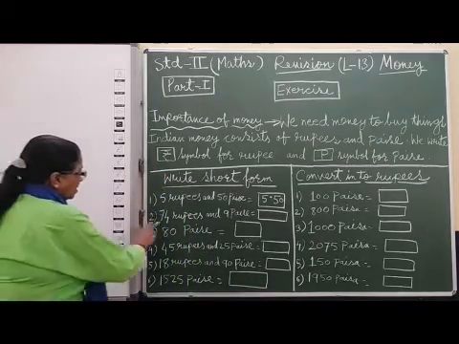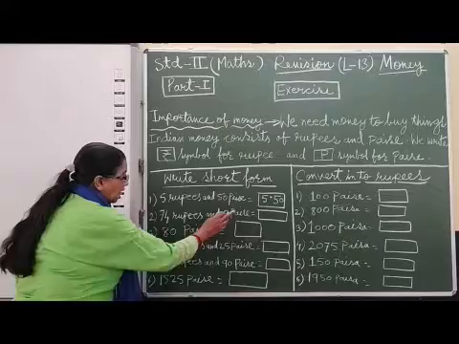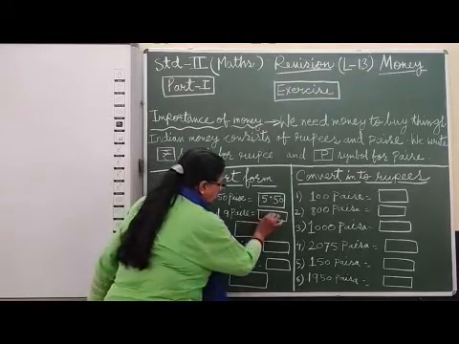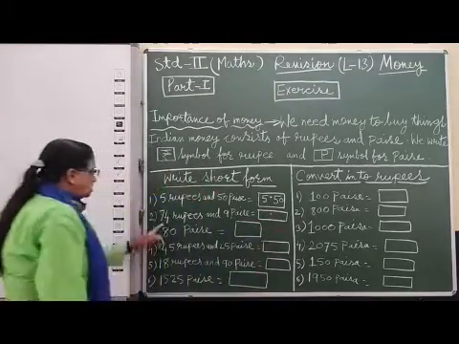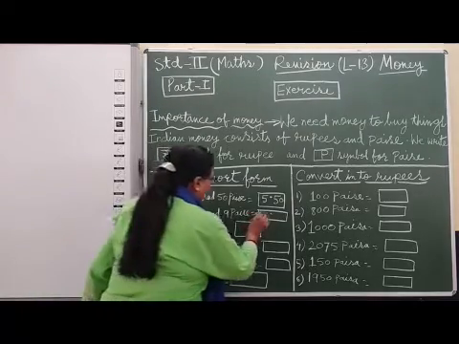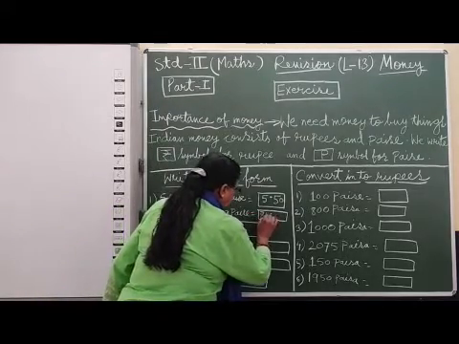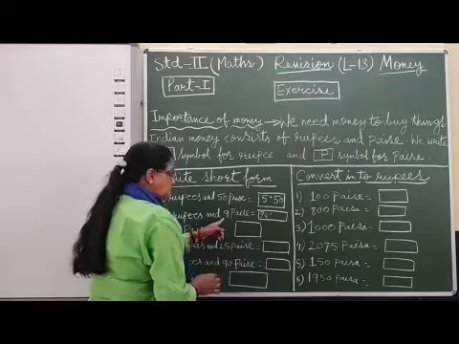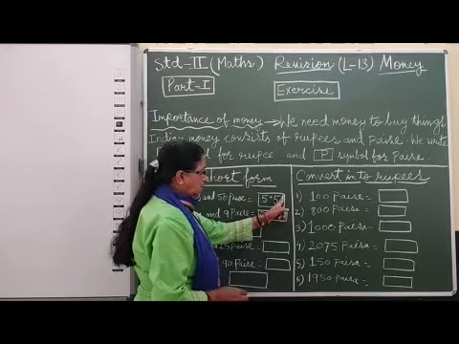Same way, 74 rupees and 9 paise. We will put the point here. So 74 rupees, we write 74 here, and 9 paise.